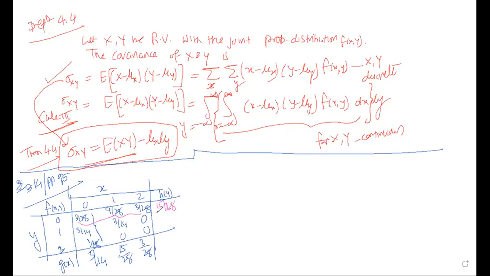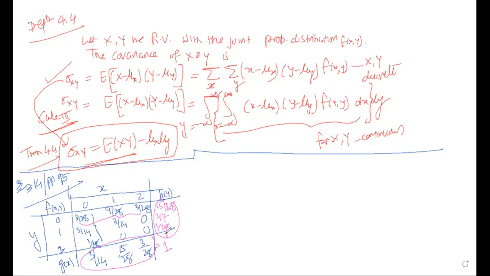Then if you take the sum over here, you're going to get 3 by 7. And here it is 1 over 28. If you add these 3, and if you add these 3, you must get 1. It must be matching. Okay.